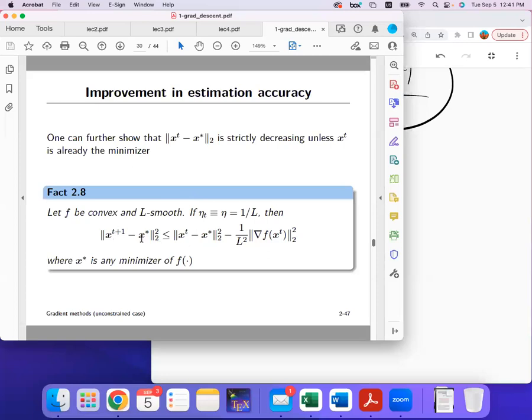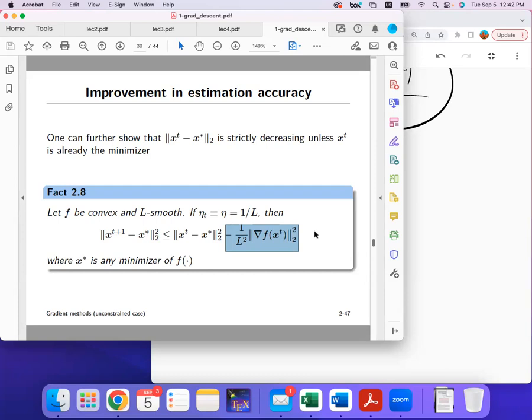This is the L2 distance ||x_{t+1} - x*||^2. Compare with the last distance term, ||x_t - x*||^2. It is bounded by the previous distance minus such a positive term. So in this sense, the distance is decreasing.